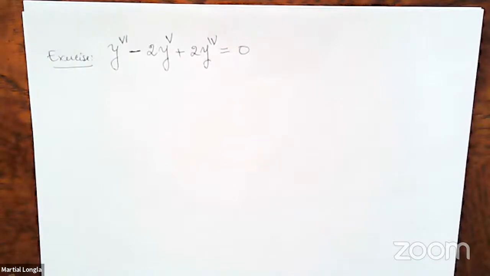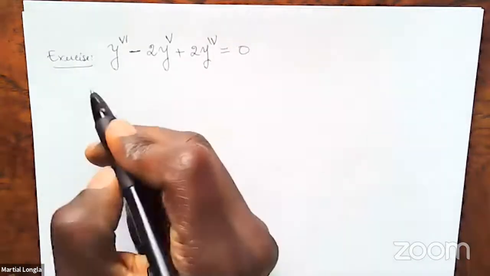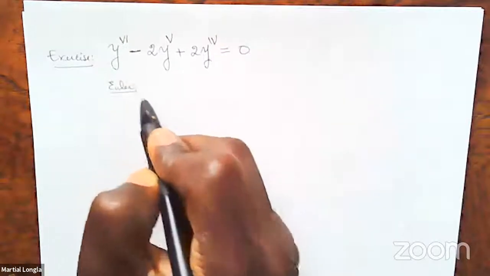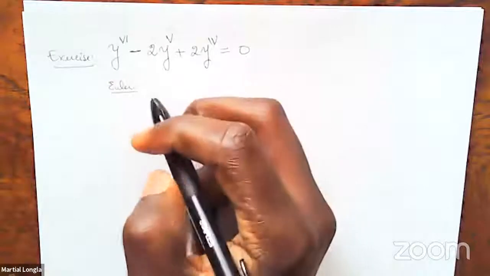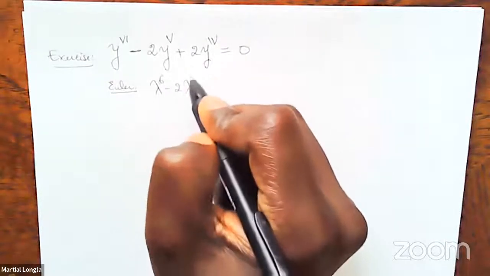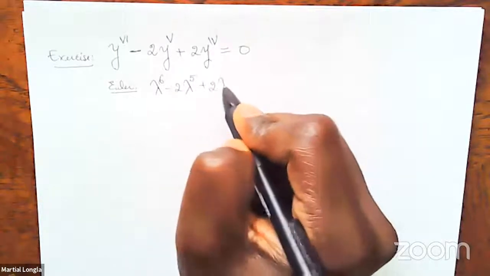So what would be the Euler equation here? Lambda to the sixth minus 2 lambda to the fifth plus 2 lambda to the fourth equals 0.